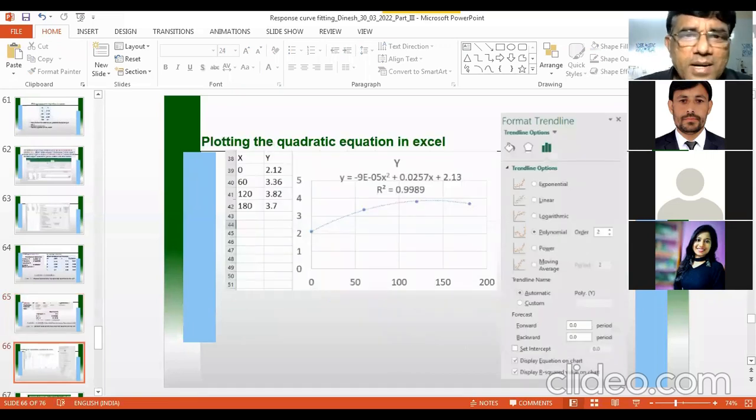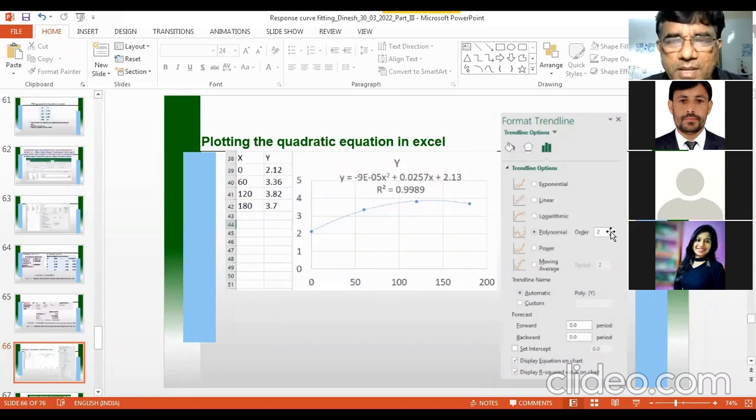Now plotting the quadratic equation, same way as you have just seen for linear. You can go to the chart, scatter plot, and then you will get these dots, go to trend line. In trend line, you will get the option polynomial. Select polynomial, and if you want quadratic, select 2.